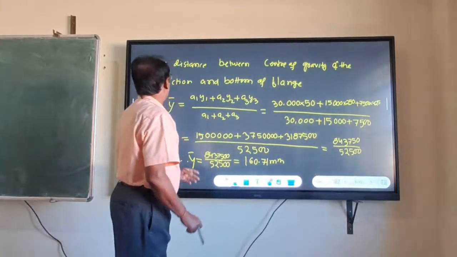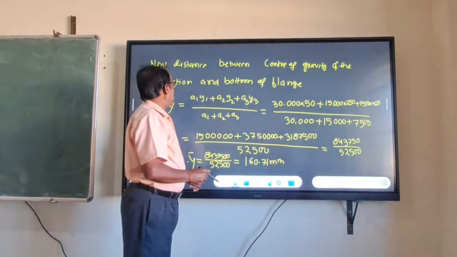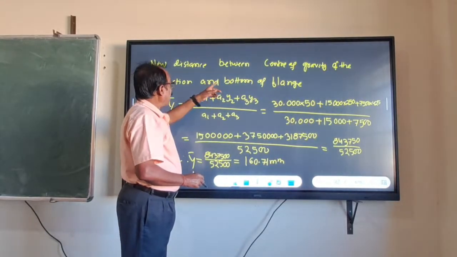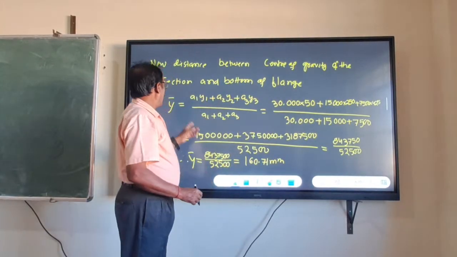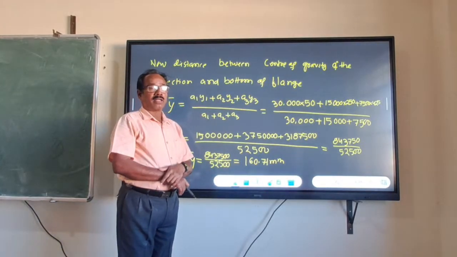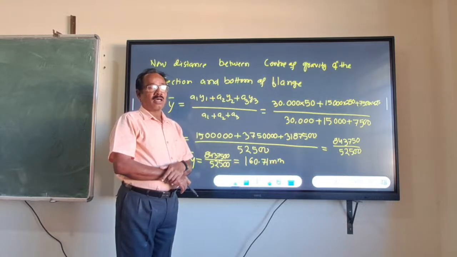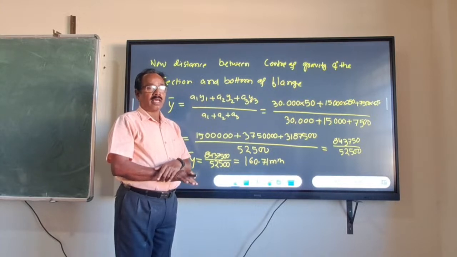Now the distance between the center of gravity and bottom of the plane, y bar, is equal to A1 Y1 plus A2 Y2 plus A3 Y3 divided by A1 plus A2 plus A3.